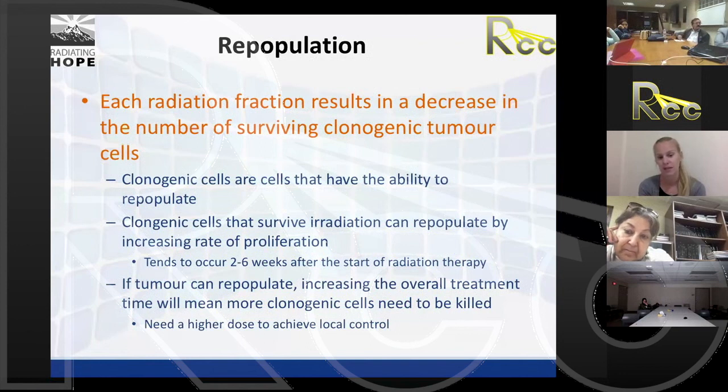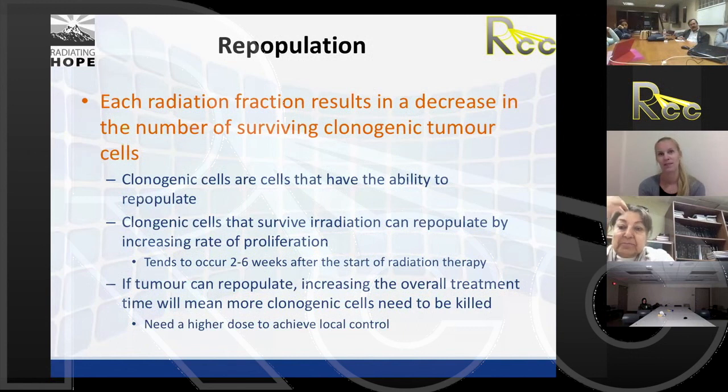Depending on the tumor type and the cell type that you're looking at, around 2 to 6 weeks after you start radiation therapy treatment, you'll see the tumor cells start to multiply more quickly than they have before. So the cancer cell that you're trying to treat will determine how long you've got to effectively treat that cancer.